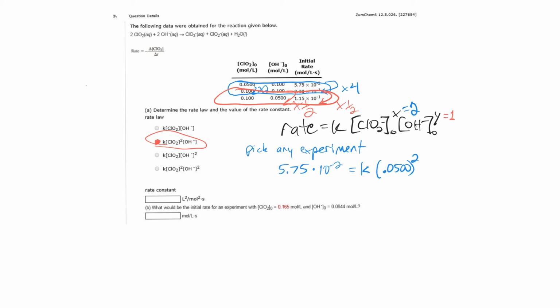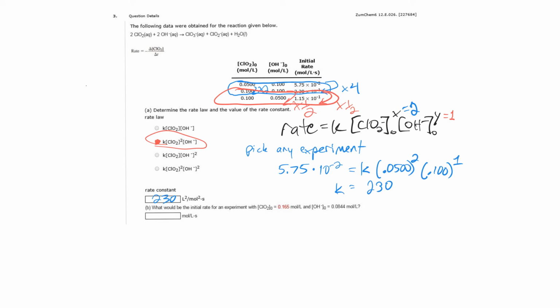At this point it's to the second power. And then we'll multiply that by the hydroxide concentration in that first experiment to the first power, and then we'll solve. We're solving for K. After pulling out your calculator, this one works out to be 230. And that should work out the same no matter which of the 3 experiments that you choose to plug in for.